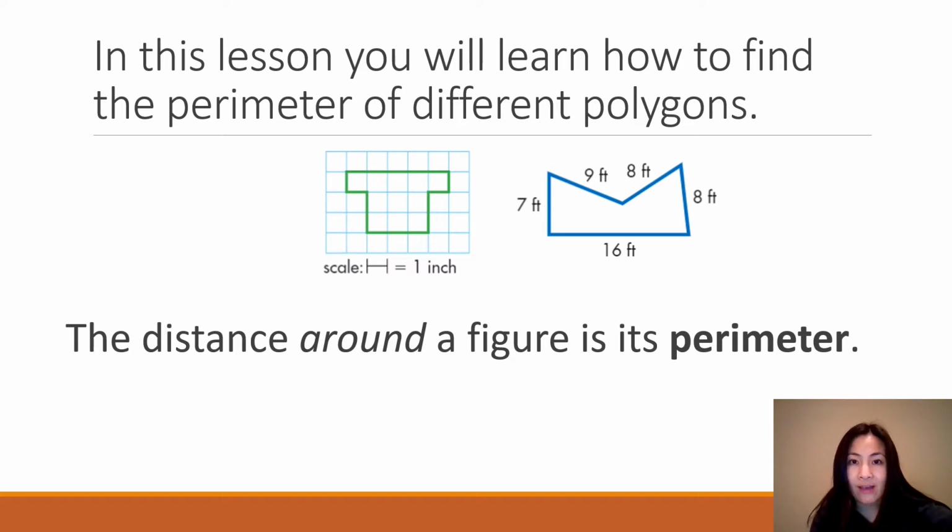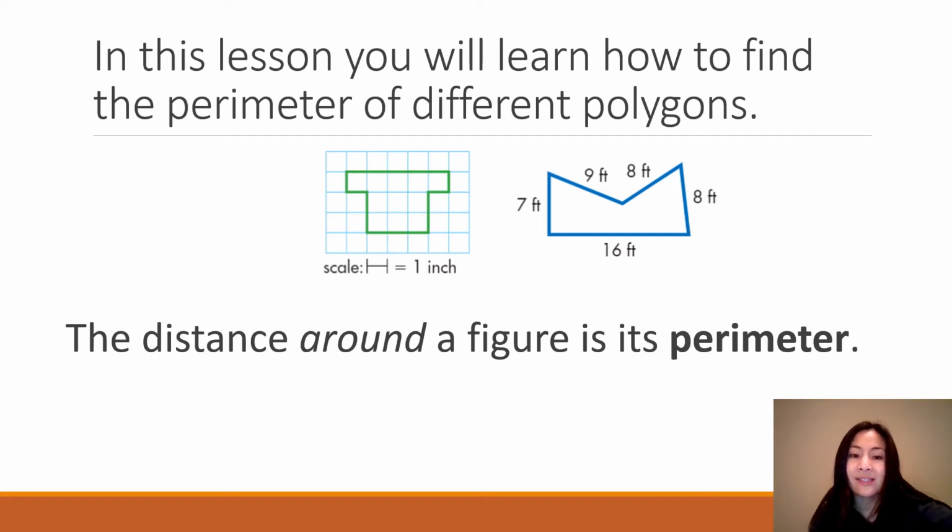So the area, for example, of this green shape, we would actually count the unit squares. So 1, 2, 3, 4, 5, plus the 6 here would be 11 unit squares.